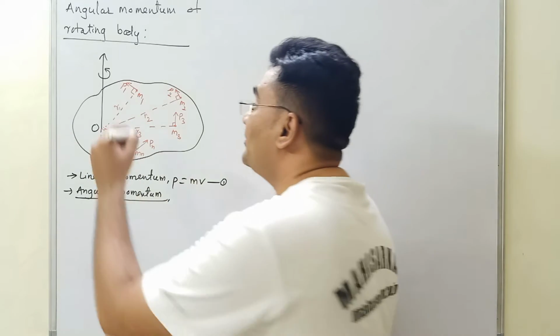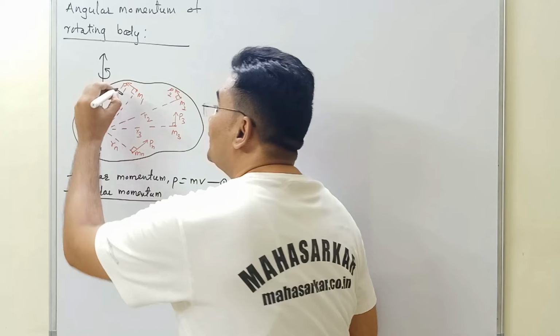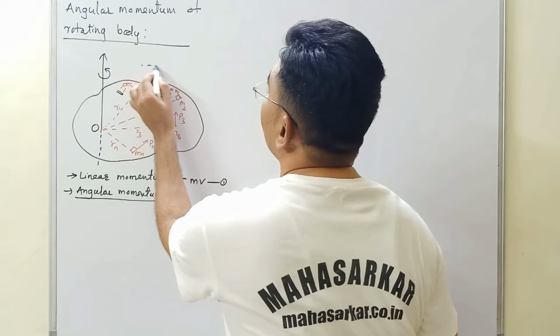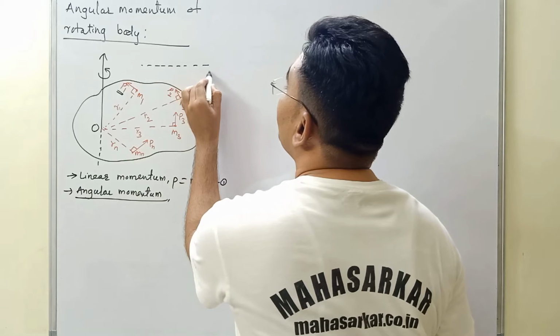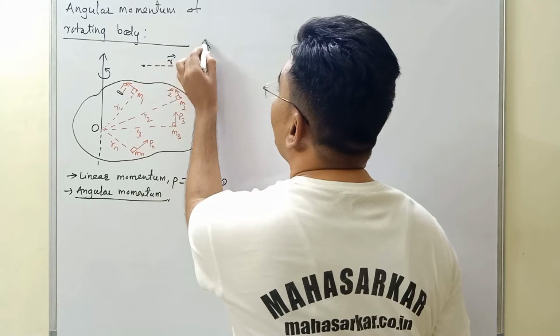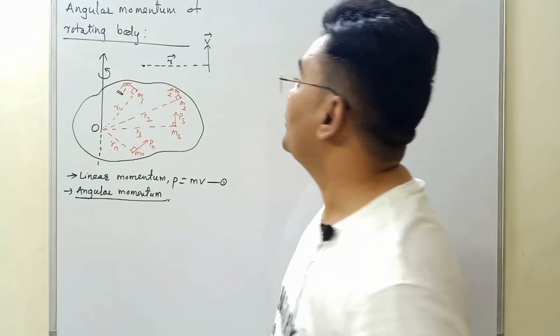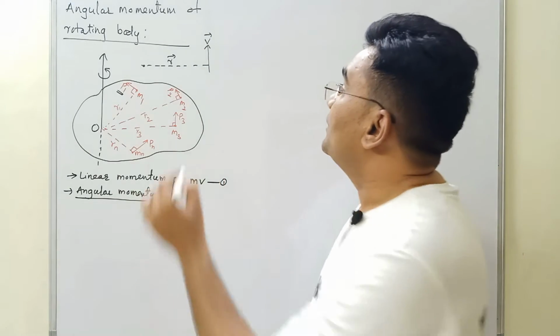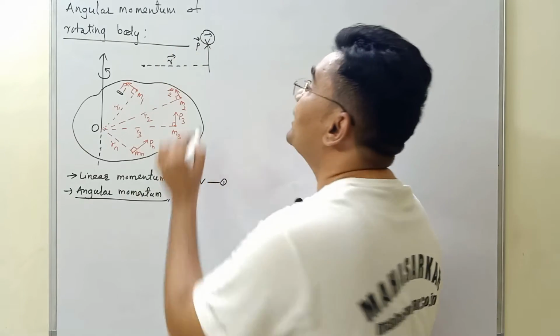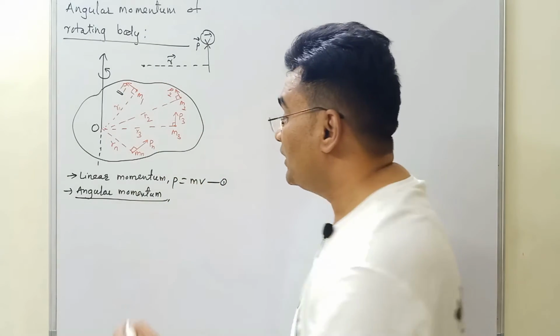So the linear momentum of each particle will be along the direction of velocity. We have learned that if this is the moment arm or radius vector, then the velocity vector is always perpendicular to it. So along the direction of velocity, linear momentum is also there.